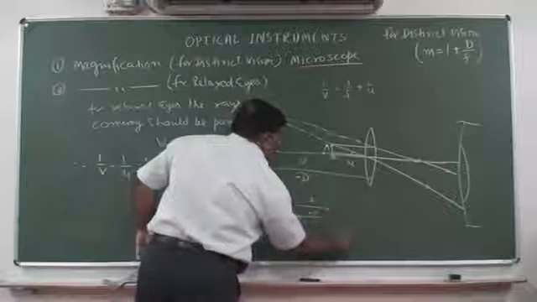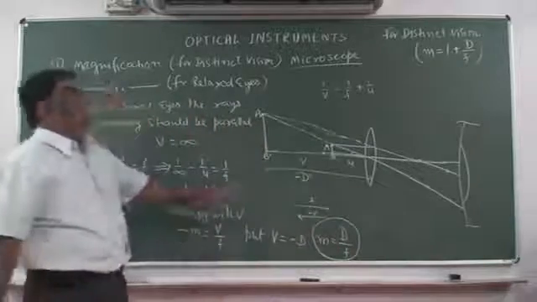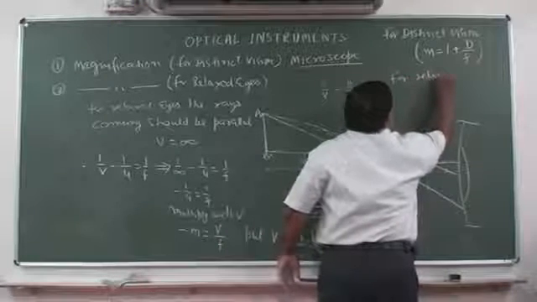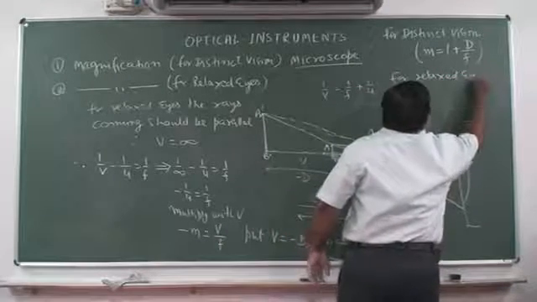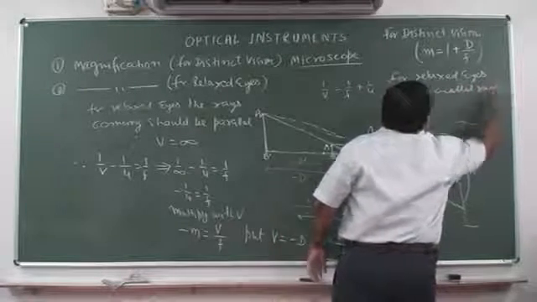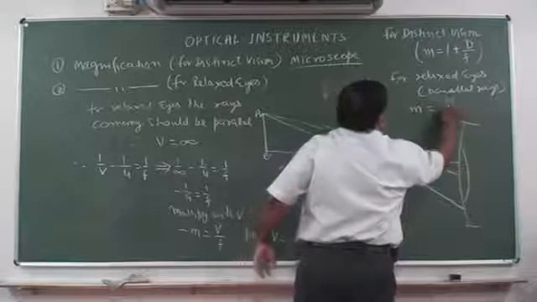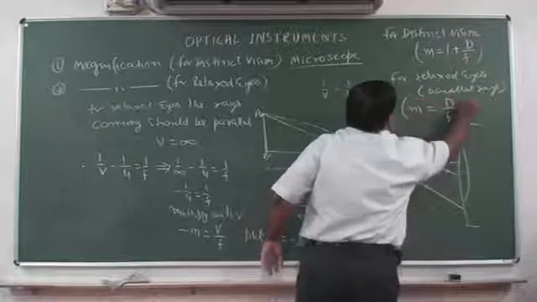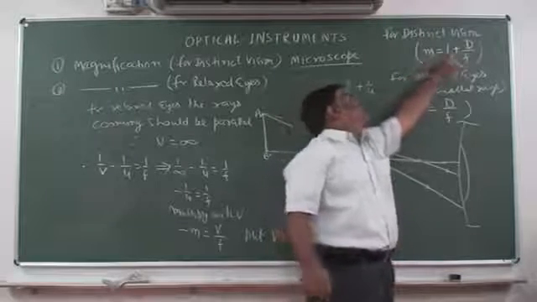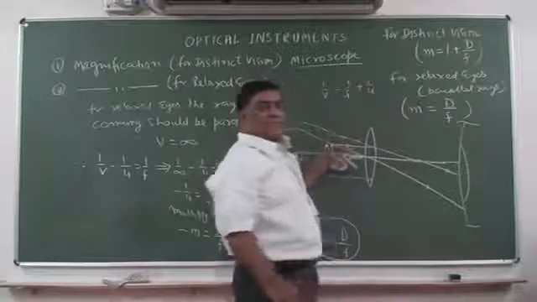M is equal to D upon F. So for relaxed eyes, that is parallel rays, the magnification of this lens slightly decreases and it becomes M is equal to D upon F. See this magnification and this magnification. This magnification is larger by 1. It has become a little smaller. This is for the parallel rays.